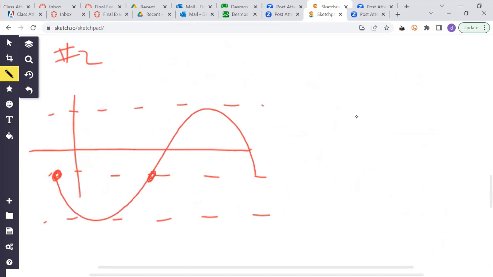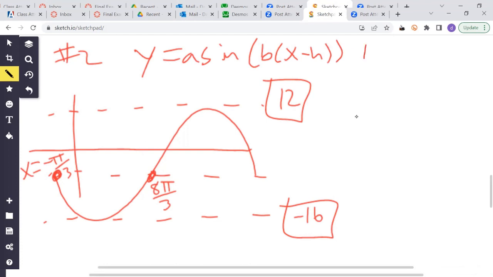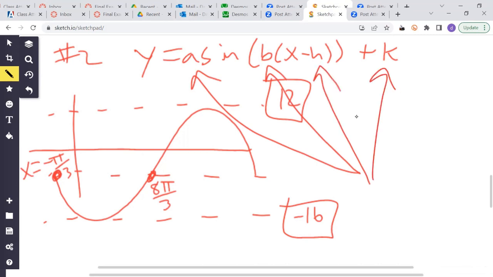This is negative pi thirds, and this is 8 pi thirds. And this is 12, and this is -16. So the equation looks like A sine B x minus h plus k. We have to find A, B, H, and K, fill them in, and we're done, done, done.